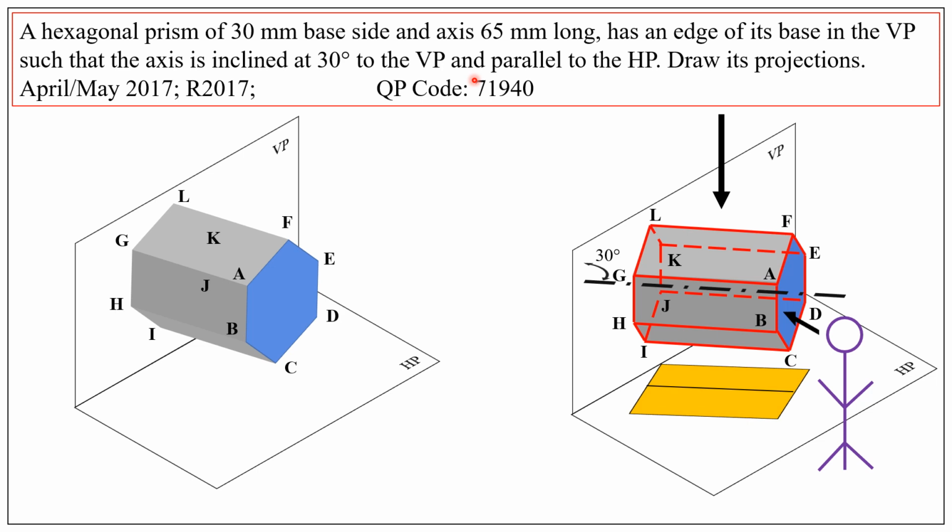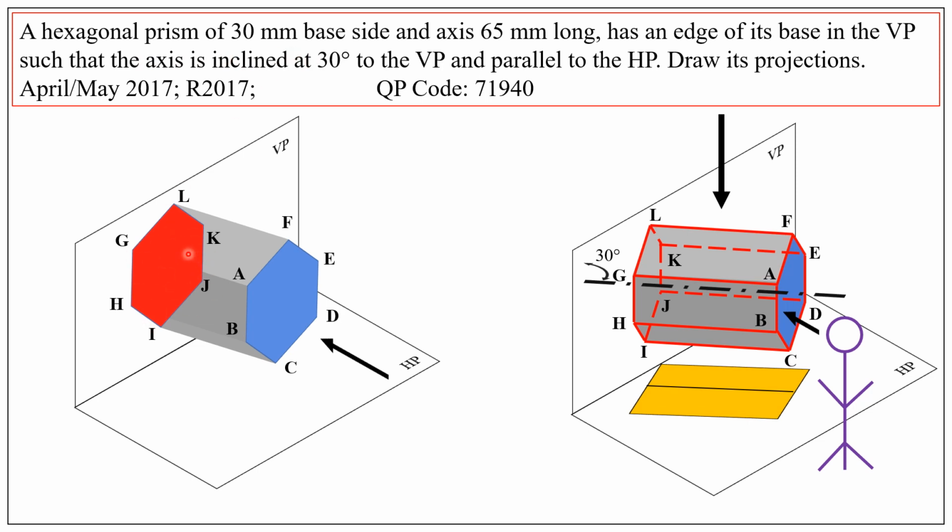So what is the advantage of assuming or imagining like this initially? Corresponding to this assumed position, the axis of the solid is perpendicular to VP, but the original condition is inclined at 30 degrees to the VP. So it is perpendicular to VP and parallel to HP, and in this condition the front view is a hexagon. So from the given data we can draw the hexagon.